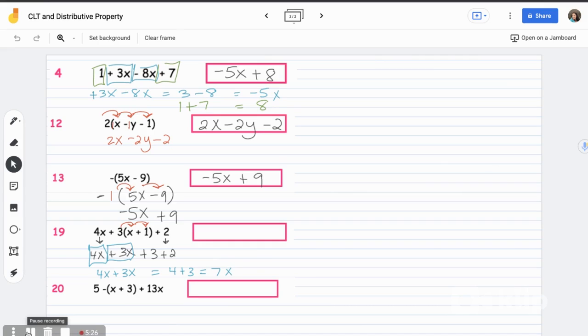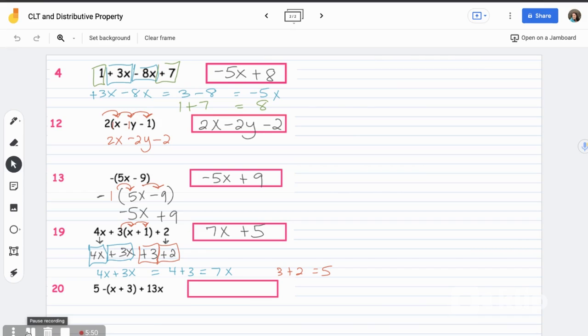I can also combine the positive 3 and the positive 2. So that's just like 3 plus 2. And 3 plus 2 is going to give us 5. So my answer is going to be 7x plus 5, because that 5 is positive, so plus 5.